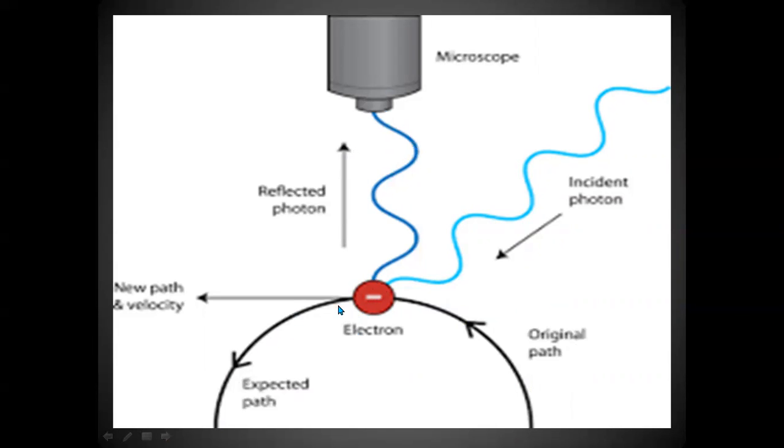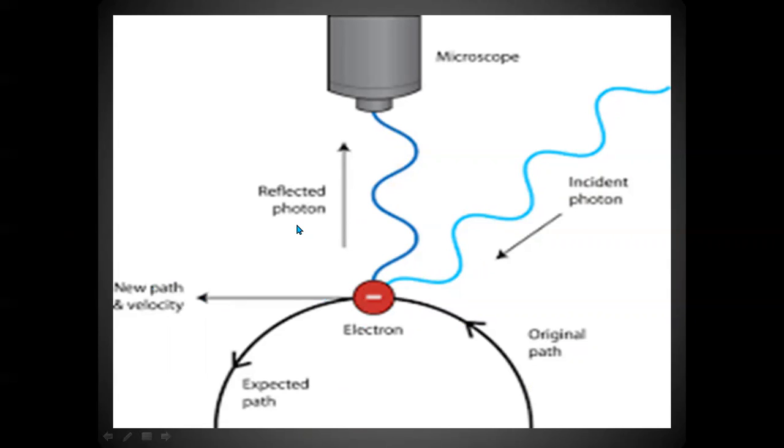But it will take this path. Why? Because this photon will be absorbed by this. Okay, this is the incident path, photon. It will strike this photon. Then this is the new path of the electron, and this is the reflected photon.